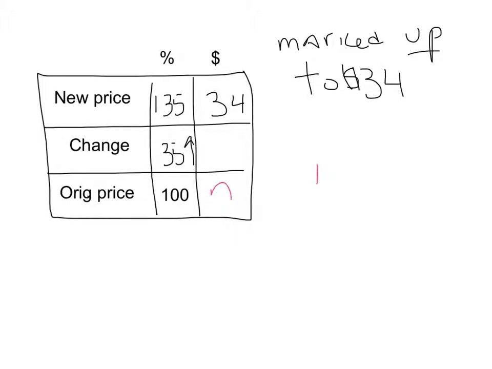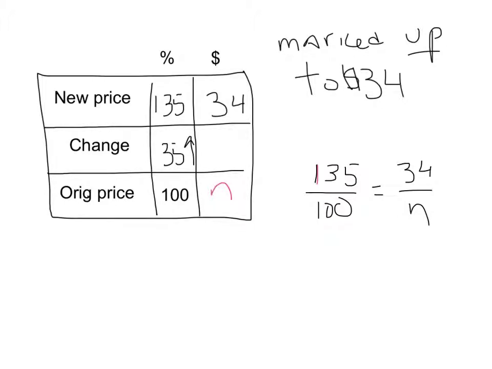So your proportion would be 135 over 100 equals $34 over N, and you'd be solving now for the original price, which is smaller.